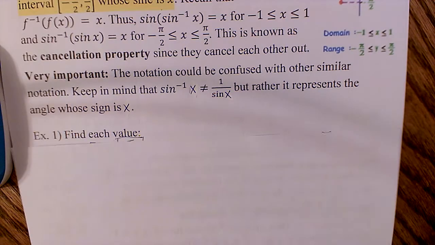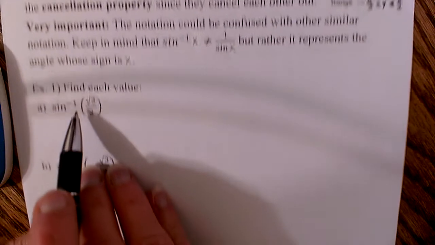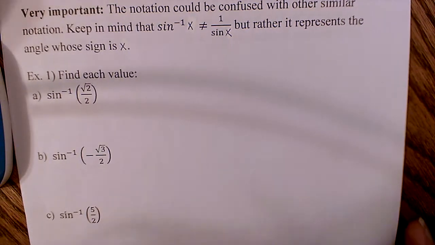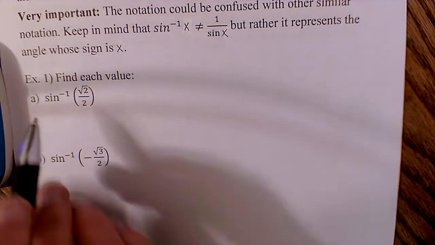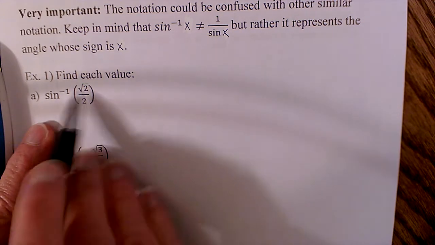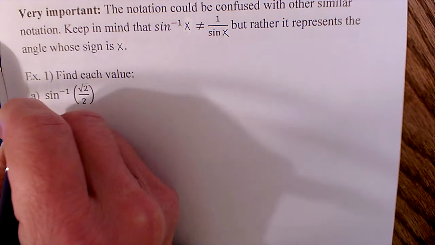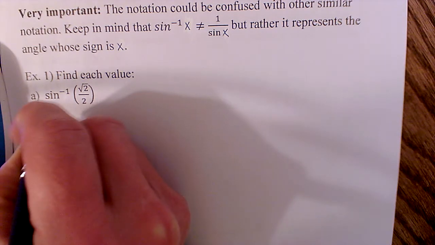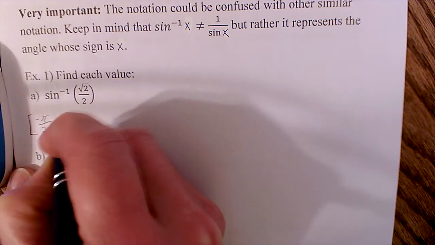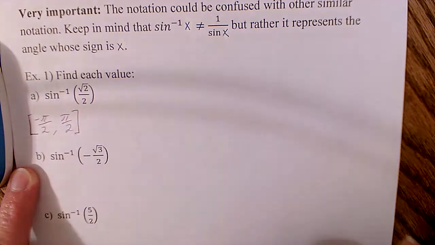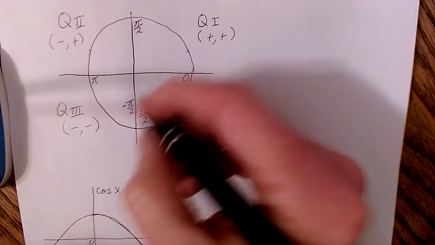Okay, so if we are trying to find each value, and we want the inverse sine of the square root of 2 over 2, basically we want to know what angle gave me the square root of 2 over 2 when I took the sine. Keep in mind our angle needs to be in the range of negative pi over 2 to pi over 2.